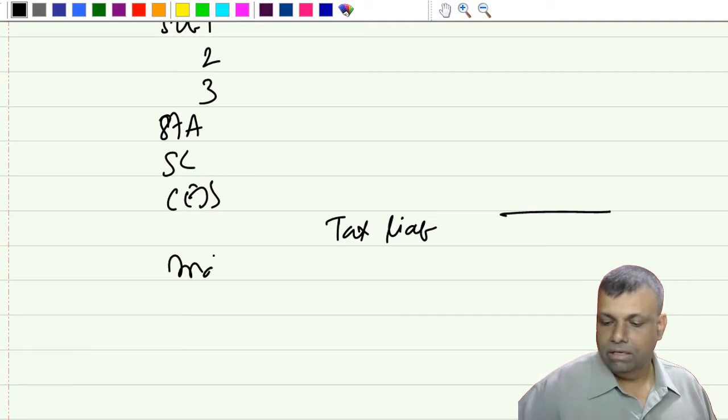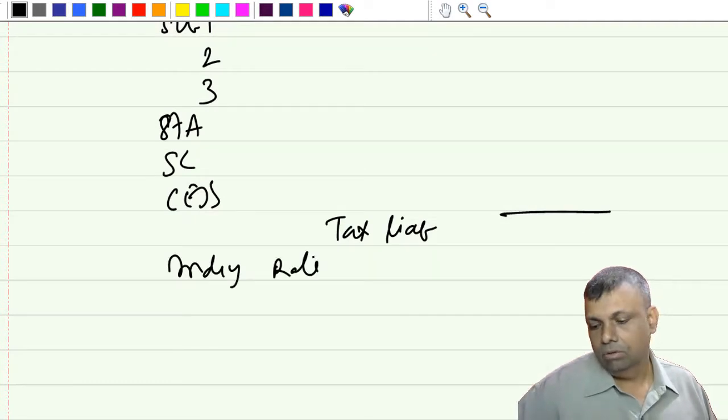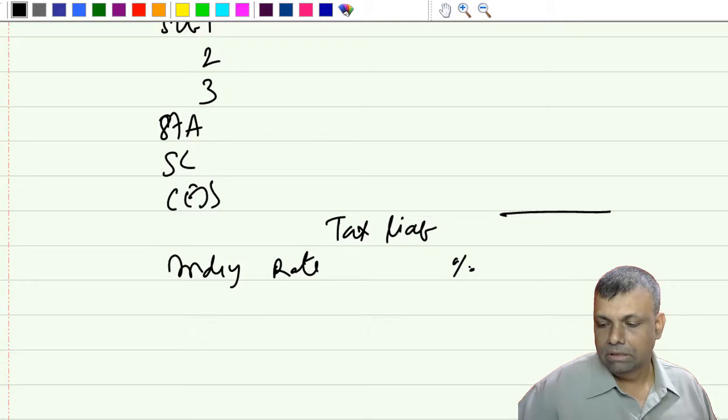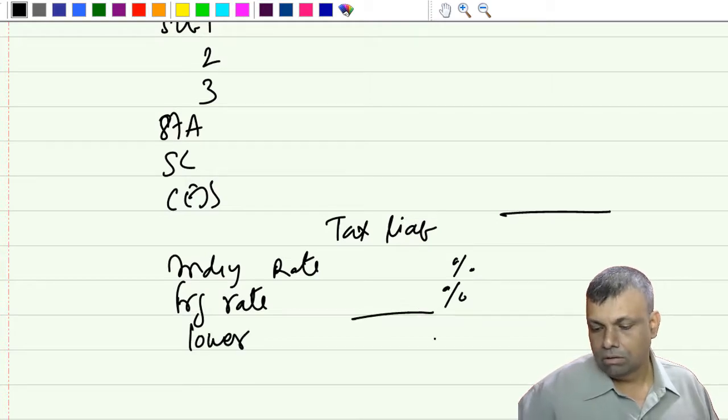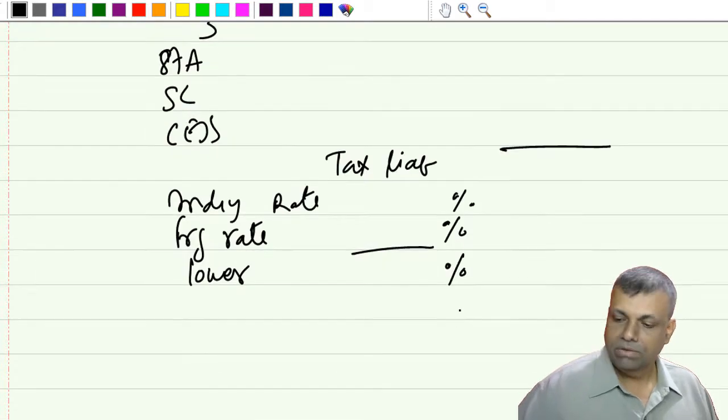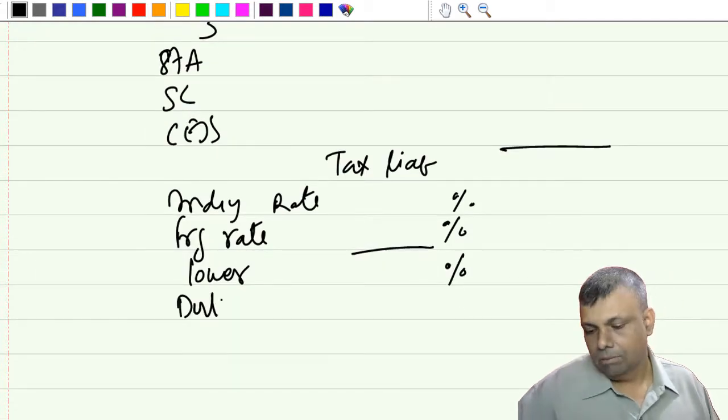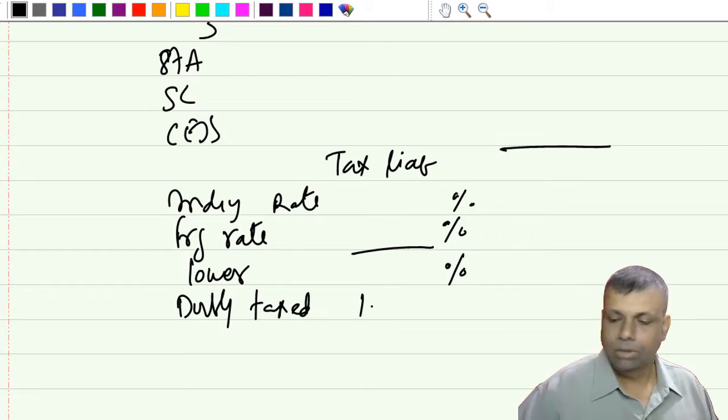Okay, Indian average rate, you will get it as tax liability over total income, no big deal. Foreign rate, whichever is lower, percentage, doubly taxed income, that is 1,80,000.